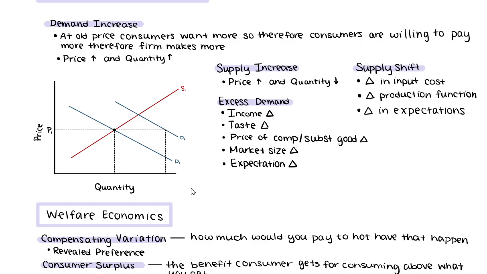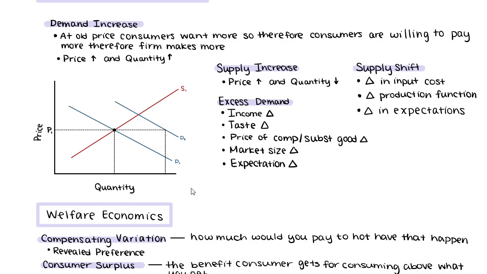Here are five categories that may cause this phenomenon: income changes, people's preferences change, the prices of complements or substitute goods change, the market size changes, or expectations change. Those are all the factors that drive the demand curve to shift in parallel.